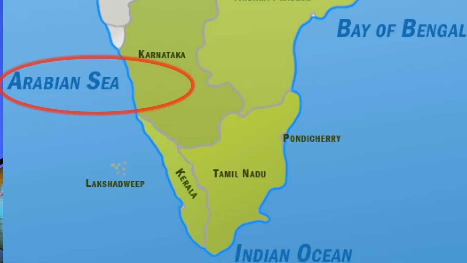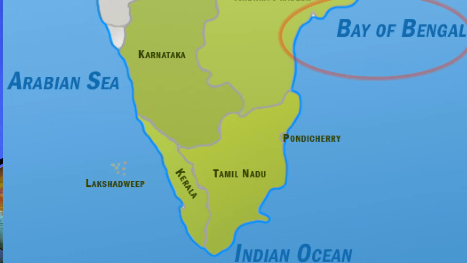Coming to the next one, how to locate our country India by the surrounding water bodies. You know children, our country is surrounded by various water bodies. To the west lies the Arabian Sea, to the east lies the Bay of Bengal, and to the south lies the Indian Ocean.